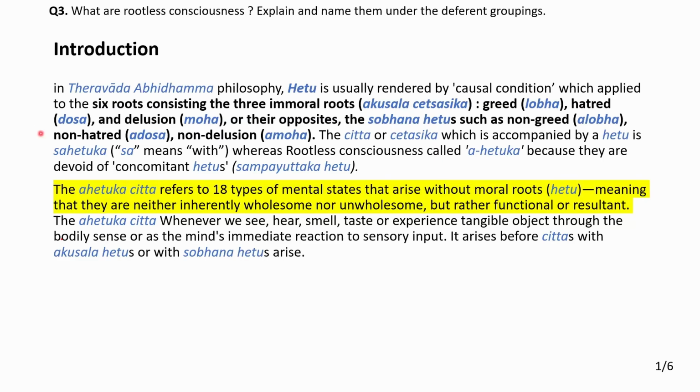The citta or cetasika which is accompanied by a hetu is called sahetuka, whereas rootless consciousness is called ahetuka because they are devoid of the concomitant hetus.